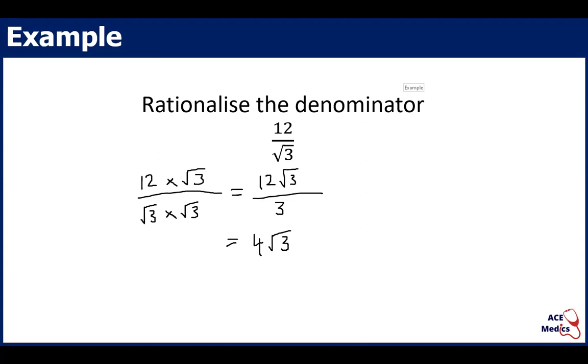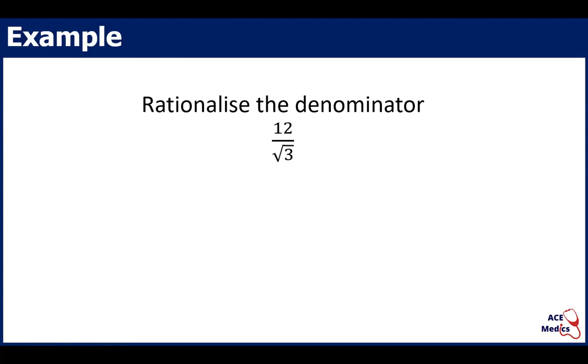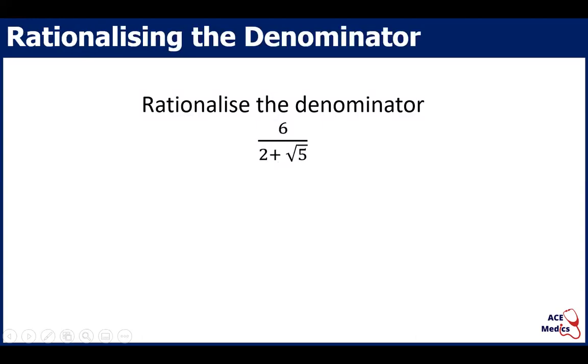Right, cool. Okay, now we just had one where we needed to rationalize it when there was just one thing on the bottom, so just the surd. This time we've got one where there is a surd but also another number, so our 2 plus √5.